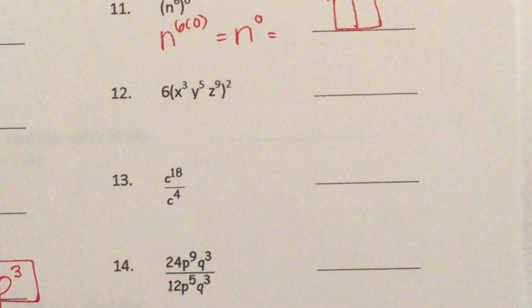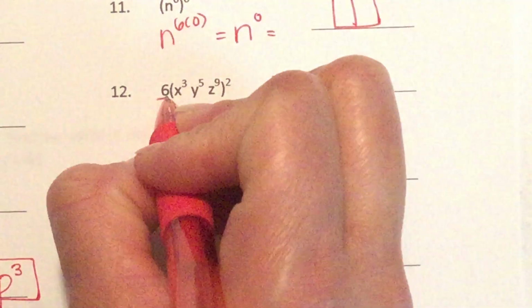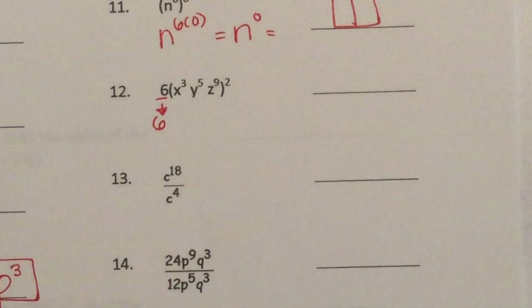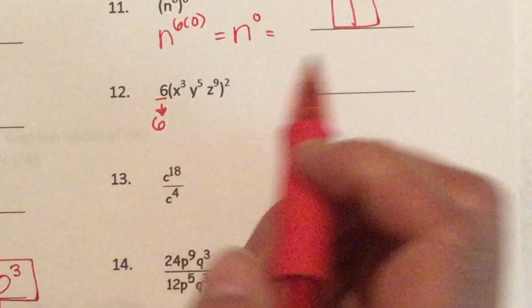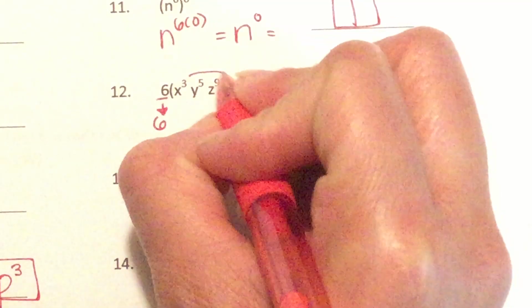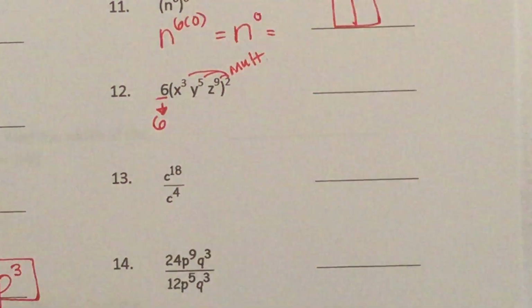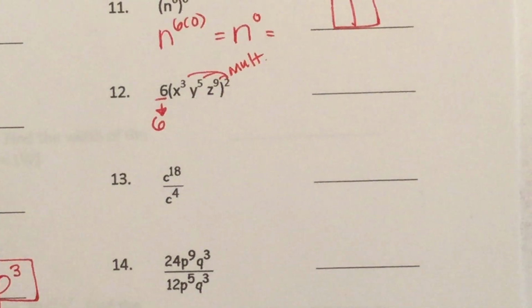Number 12, you have 6 on the outside of your parentheses, so that's the first thing you're going to bring down because you're not going to do anything with it. When you have a power to a power, you're going to multiply your exponents to each term inside the parentheses. You don't multiply anything to the 6, only to what's inside the parentheses.